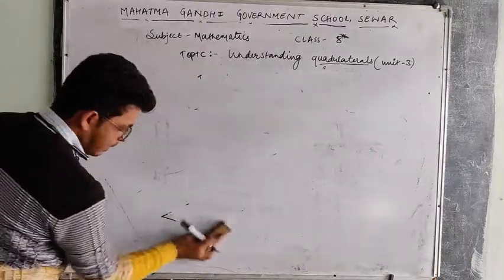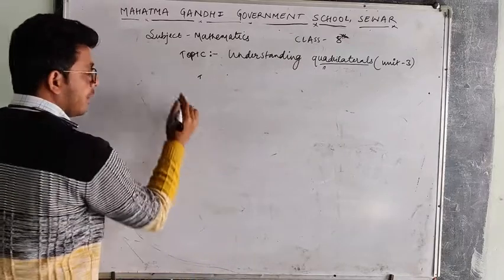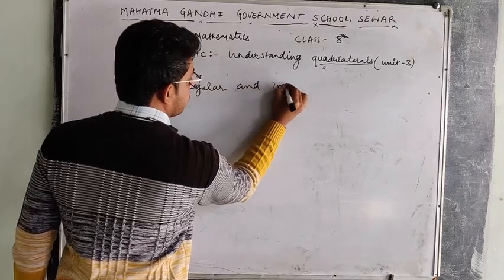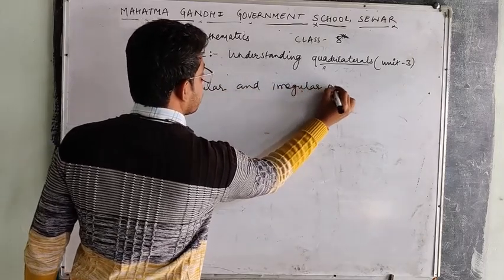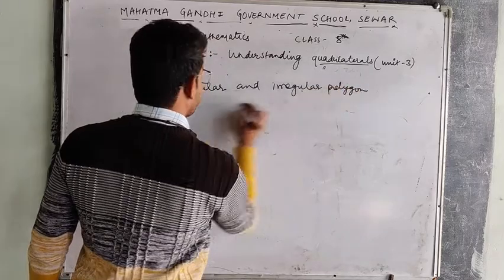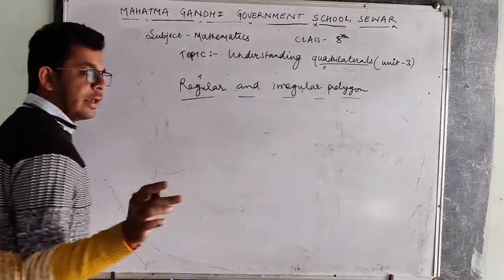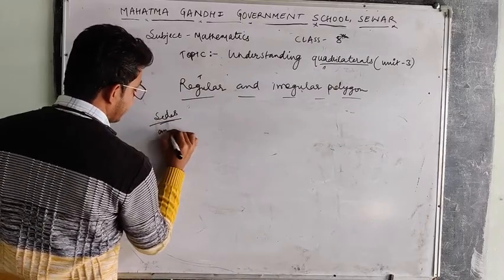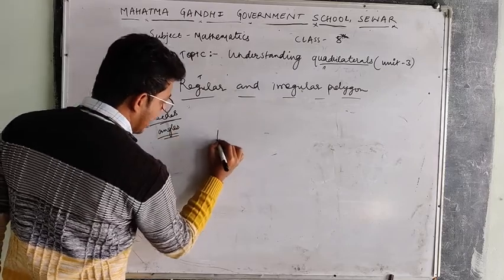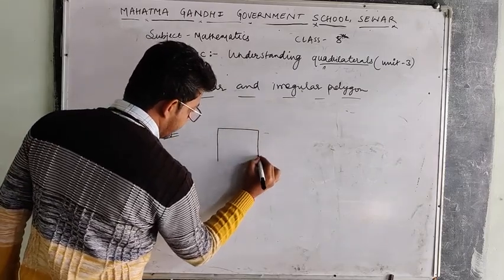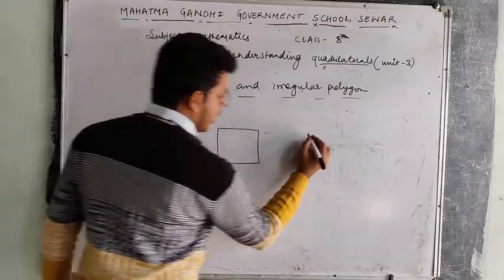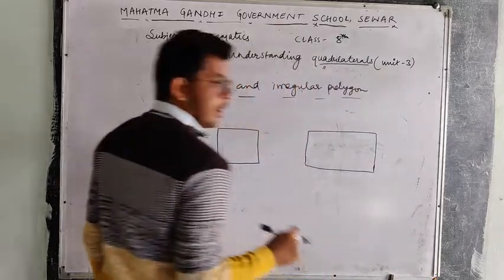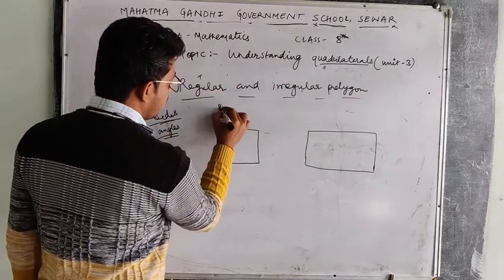Another concept is regular or irregular polygons. Here there are two things, sides and angles. If I draw a square and I draw a rectangle, a square will be a regular polygon.